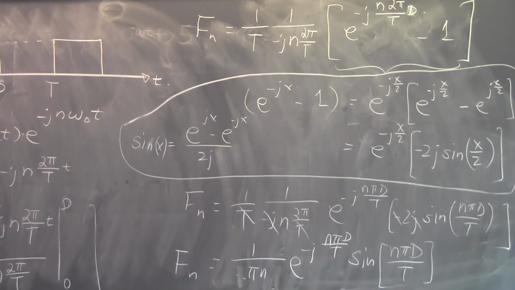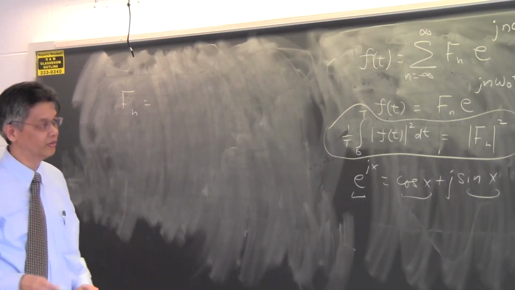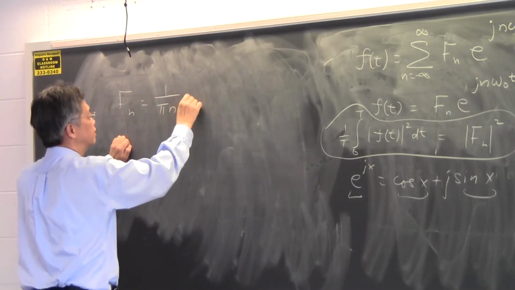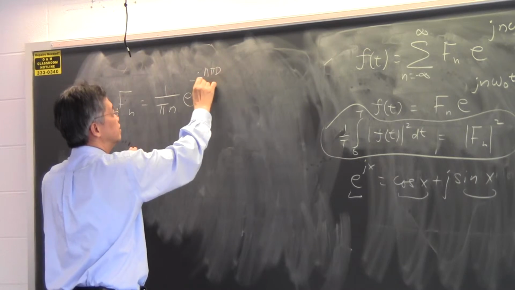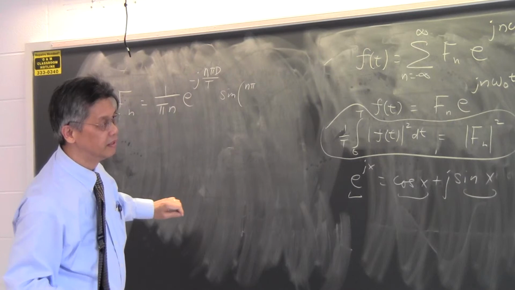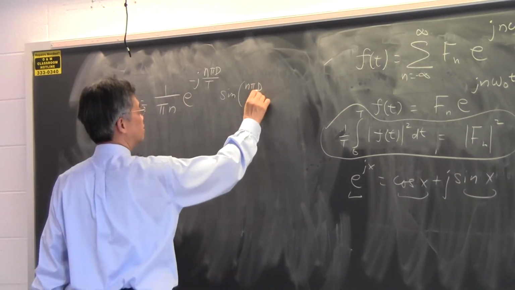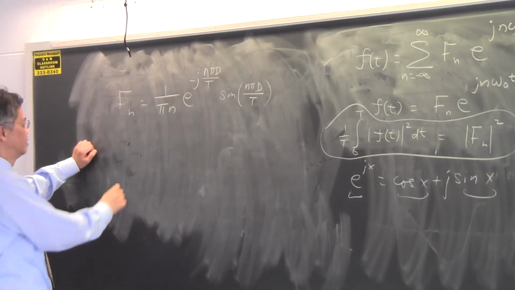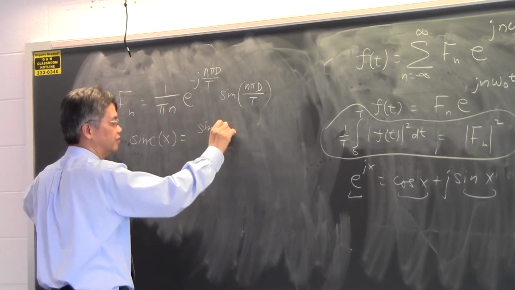So f sub n is equal to 1 over pi n e to the minus j n pi D over T sine of n pi D over T, right? Have you heard of a function called a sinc function? Sinc of x is equal to sine x over x.